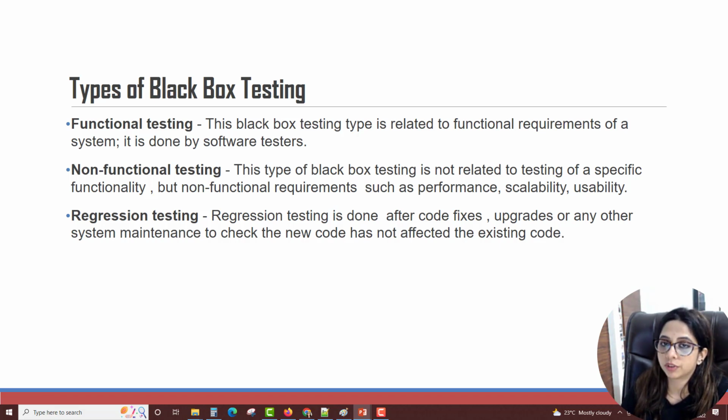We call them non-functional testing. Then regression testing is also a kind of black box testing. We do regression testing to make sure that any new changes have not affected the already running software. So these are the types of black box testing.